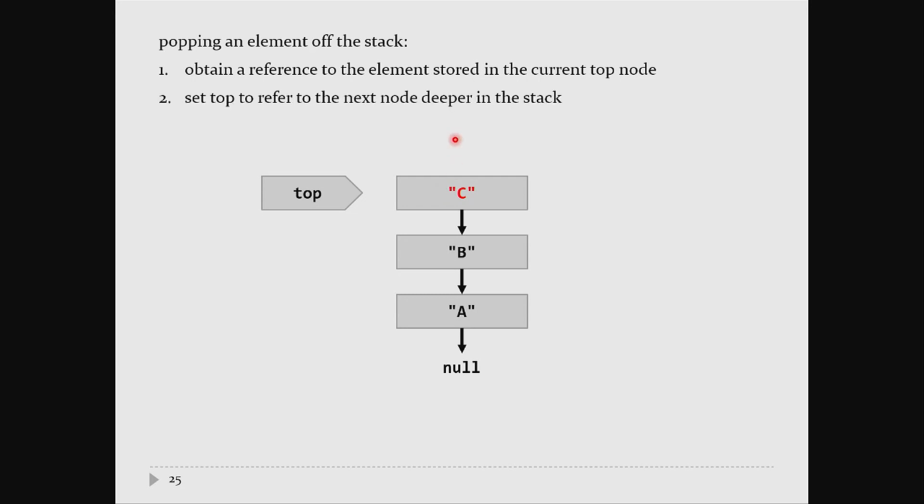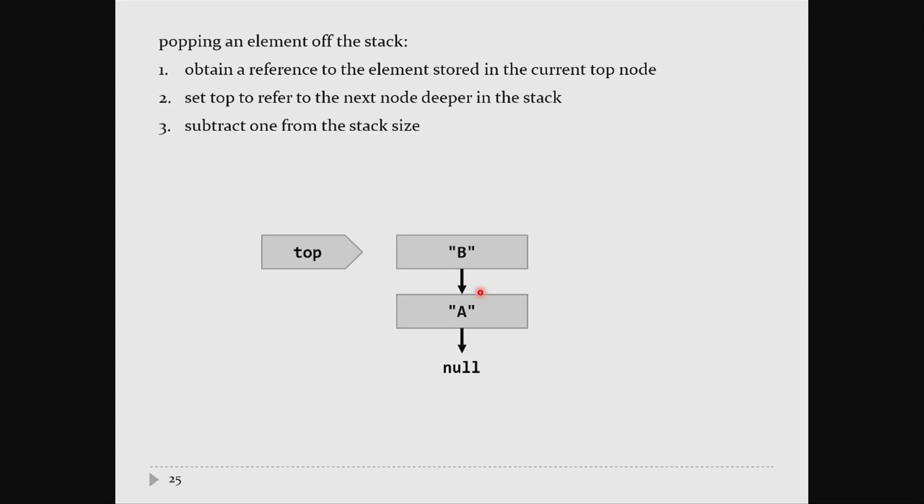Set top to refer to the next node deeper in the stack. So this is cute. You're going to set top to point to top next. I'll show you that in a second. Step 3, that happens automatically. Step 3, subtract 1 from the stack size, and then return the reference.